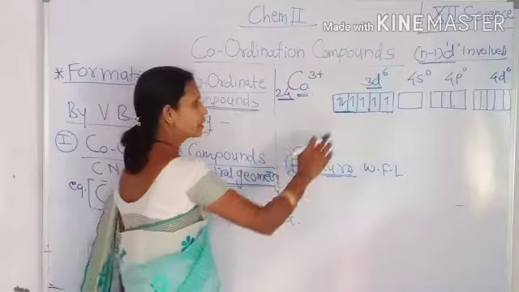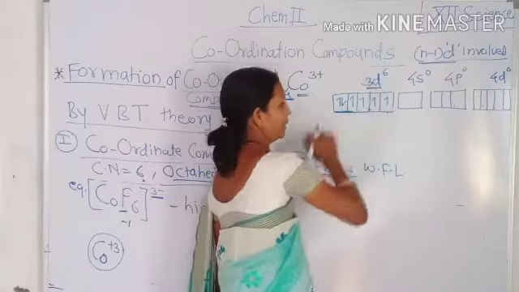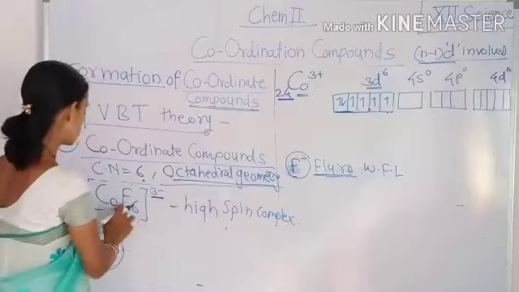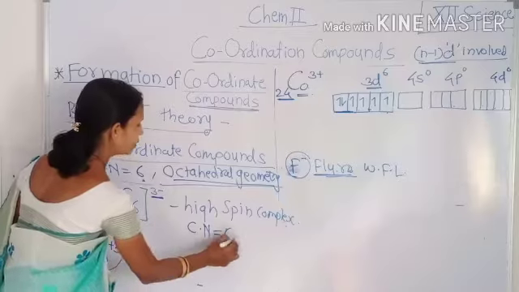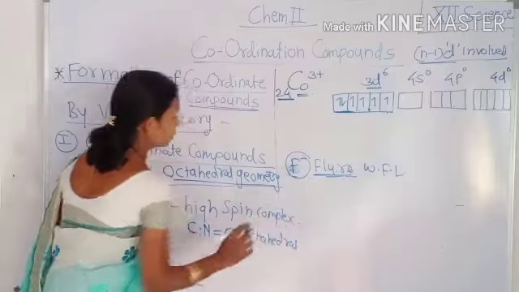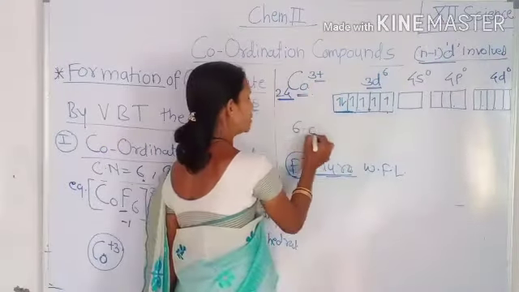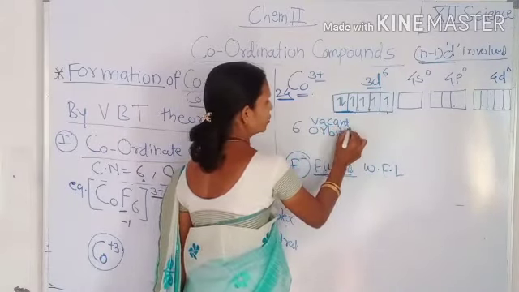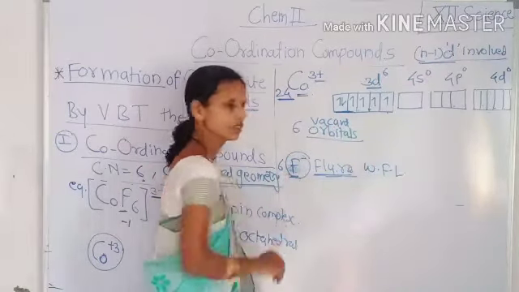That means electrons remain unpaired in the 3d orbital. As the coordination number of this central metal ion is 6, the geometry is octahedral. Therefore, Co3+ ion should provide 6 vacant orbitals to 6 fluoro ligands.